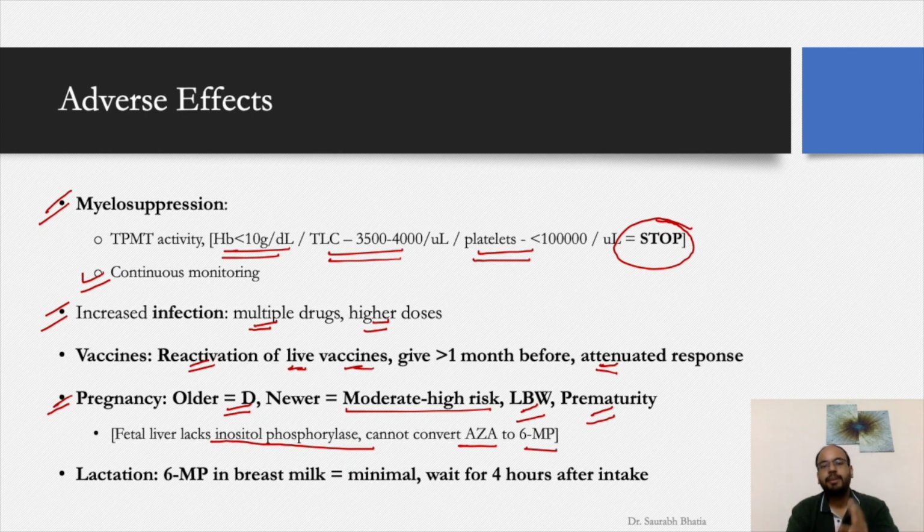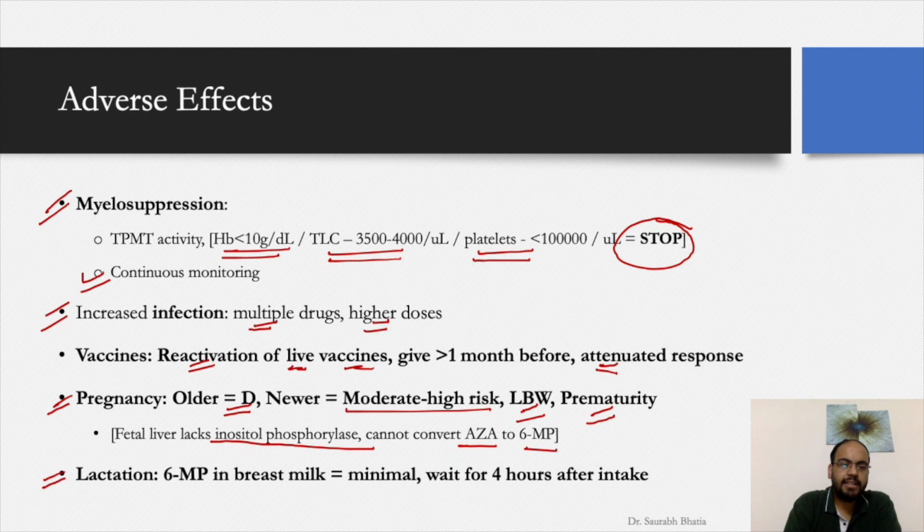Remember that azathioprine crosses the placenta, and it crosses into breast milk. So during the crossover through the placenta, when azathioprine reaches the fetal liver, it is not able to convert into 6-mercaptopurine because the essential enzyme is absent.